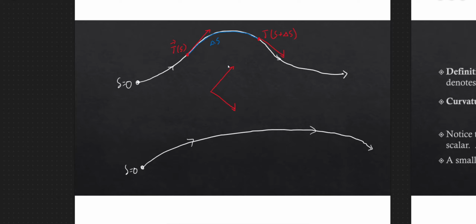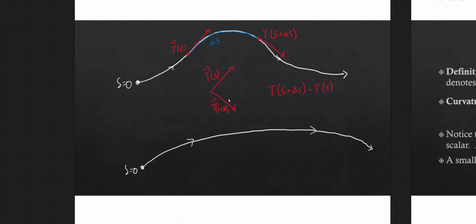Remember the difference between these two. So this is T of s, and here's T of s plus delta s. I want to study how this thing changed, so I want to compute T of s plus delta s minus T of s.